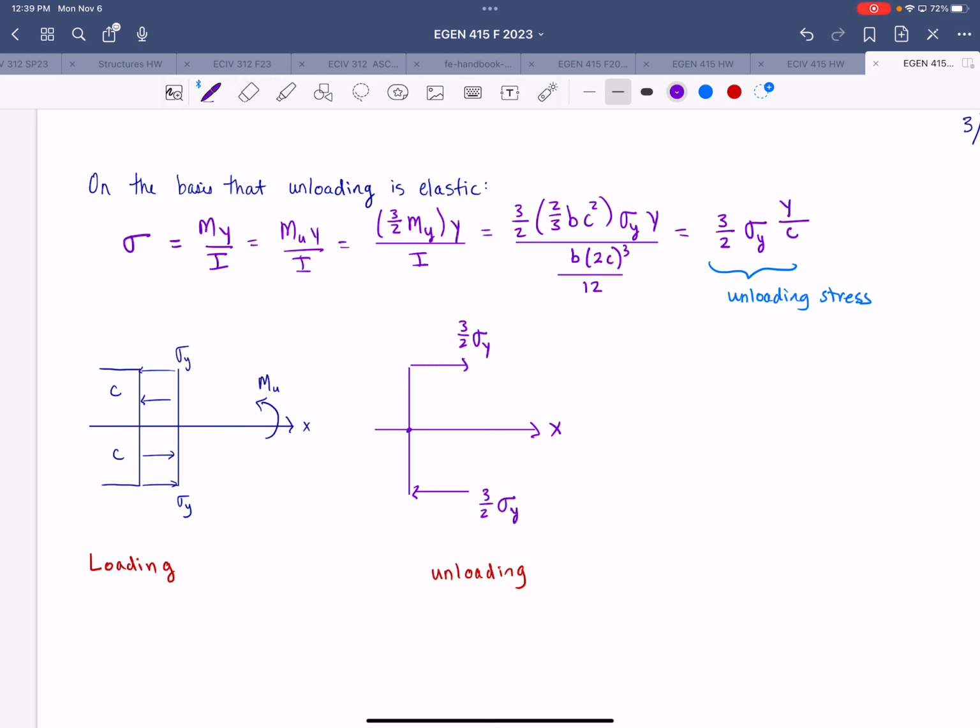And it will be 0 when y is equal to 0. So we have our linear elastic unload right there.